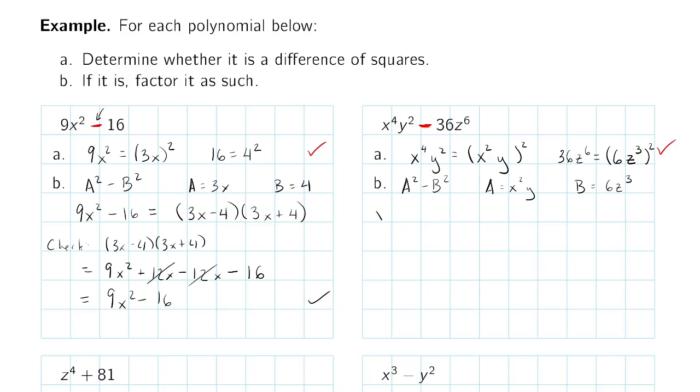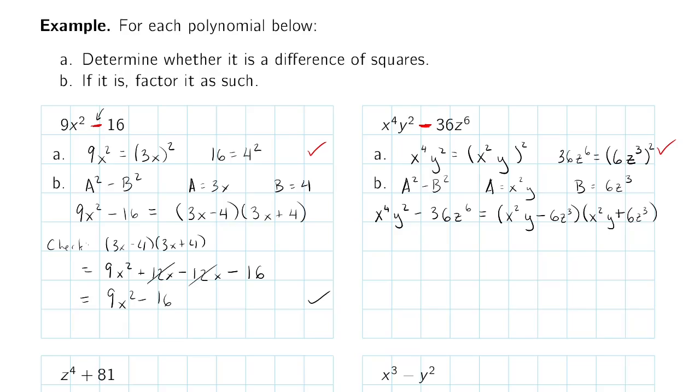So my x to the fourth y squared minus 36 z to the sixth, that's going to factor as x squared y, that's my a, minus 6z to the third, that's my b, times x squared y, that's my a again, plus 6z to the third, that's my b.